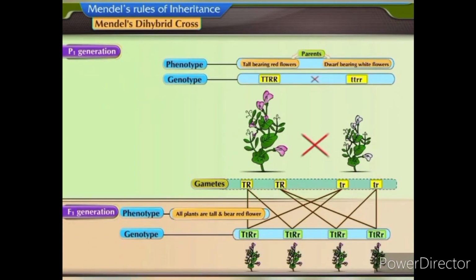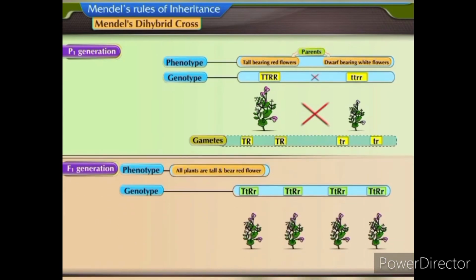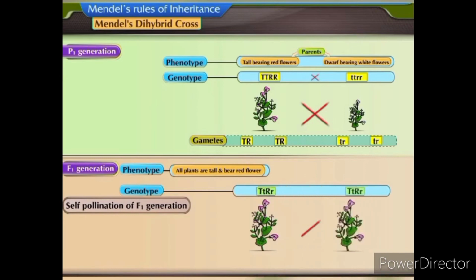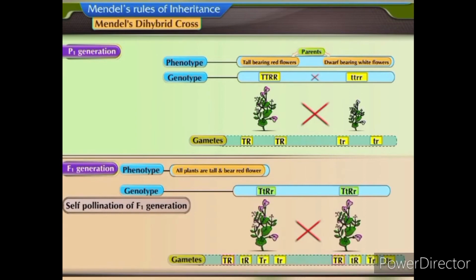F1 generation of plants have genotype Tt Rr. The F1 generation is then self-pollinated, that is, TtRr cross TtRr. F1 generation of plants produce 4 types of gametes each: TR, tR, Tr, and tr.